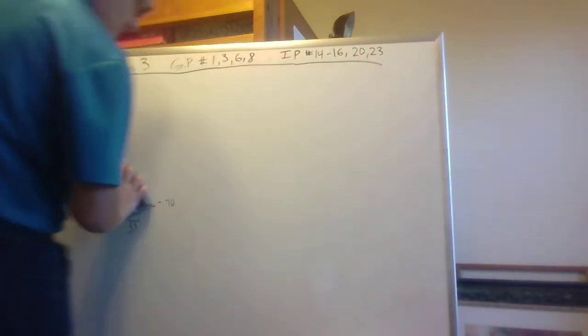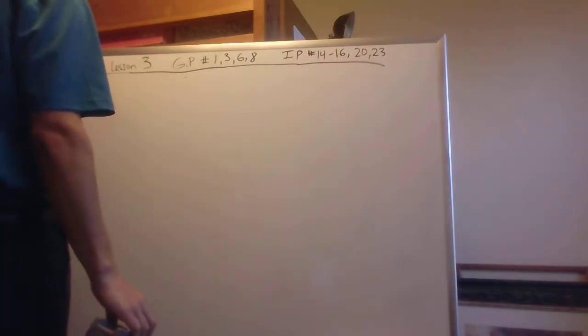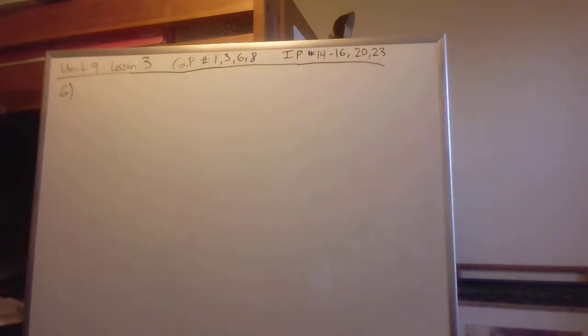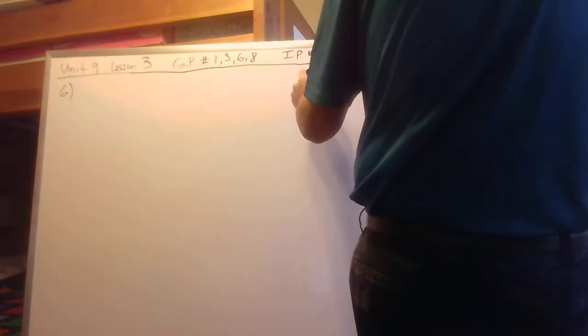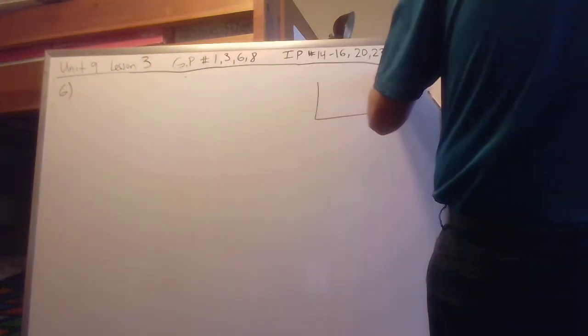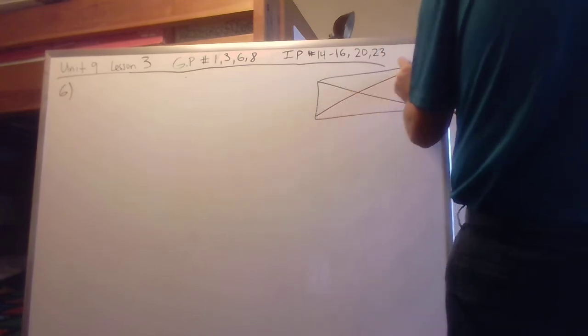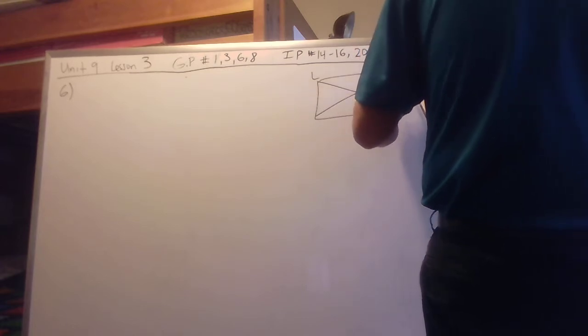So let me draw this up on the whiteboard and we will begin. Problem 6 has a diagram just like the Jamaican flag: a rectangle with two diagonals, and the vertices are L, M, N, and P.